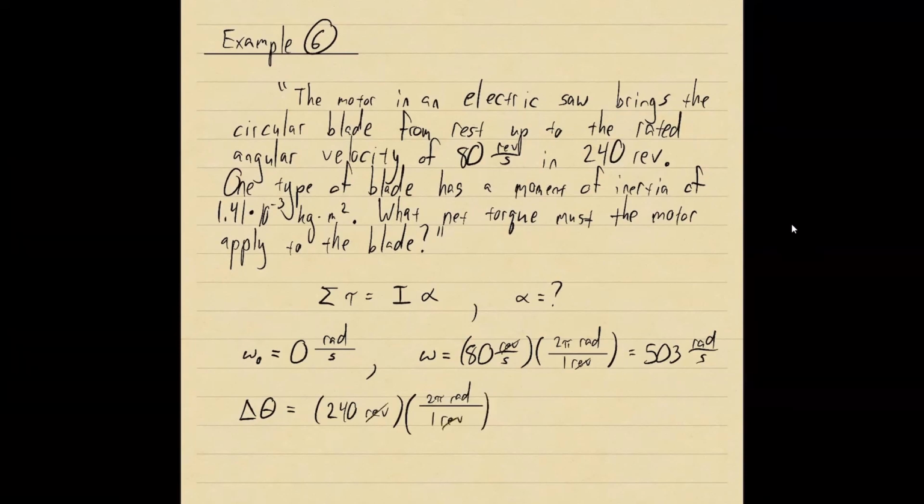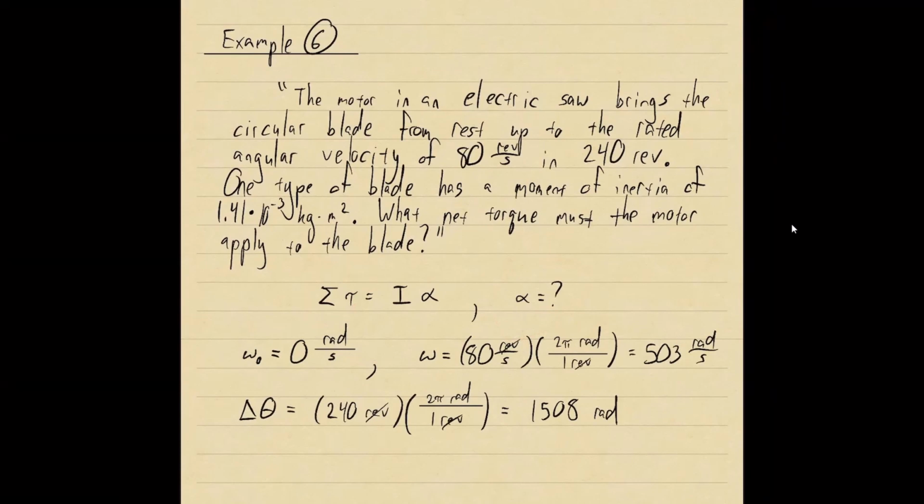The units of revolutions get canceled out, and we're left with an answer in units of radians. So this is going to be 1,508 radians. And with that, we have everything we need in order to calculate this angular acceleration.